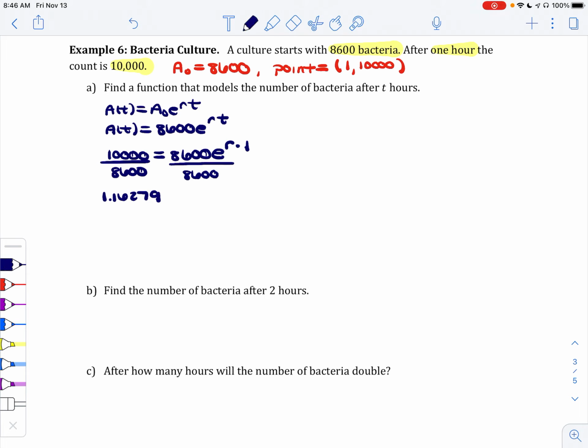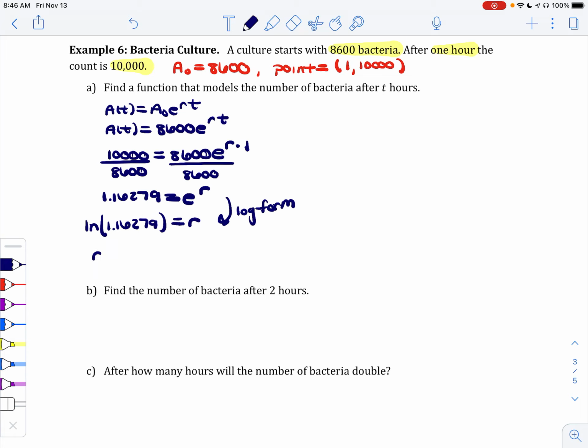So we got the 1.16279, and that's equal to e to the power of r. Now that we've isolated our exponential term, we can rewrite this in log form. And remember, a log with a base of e is a natural log. So this would be the natural log of 1.16279 is equal to r.